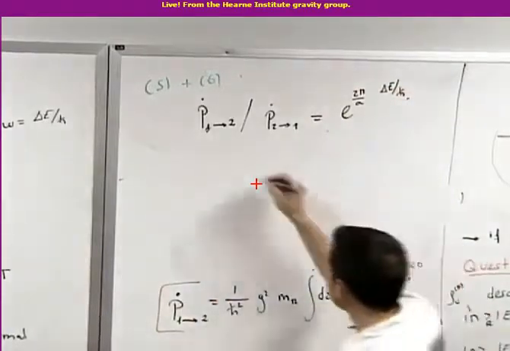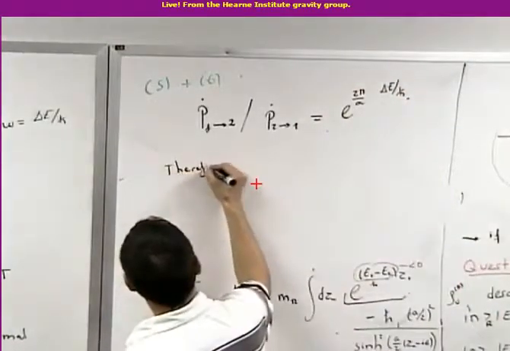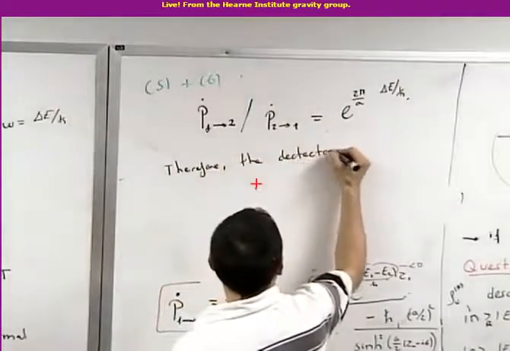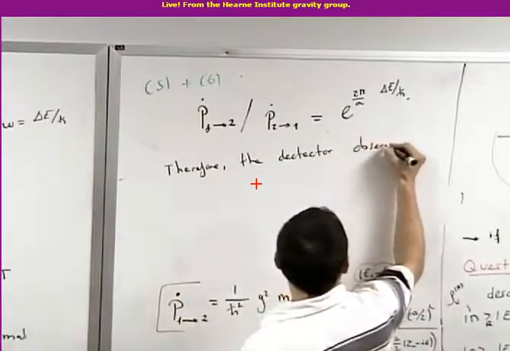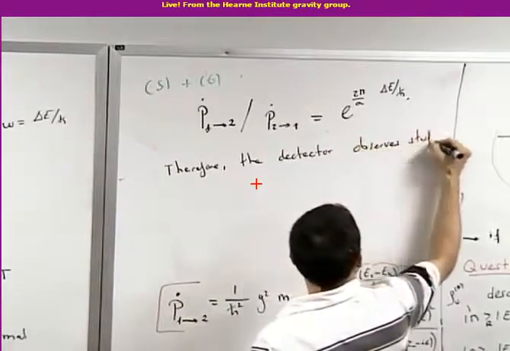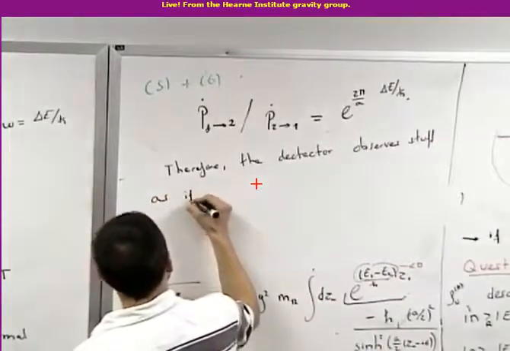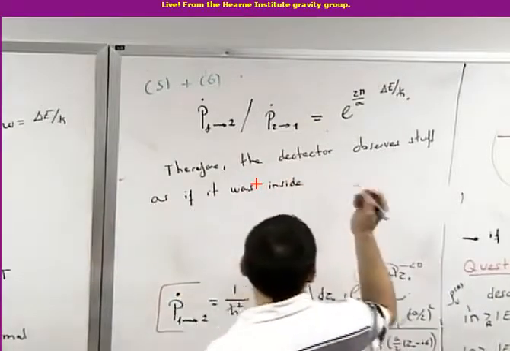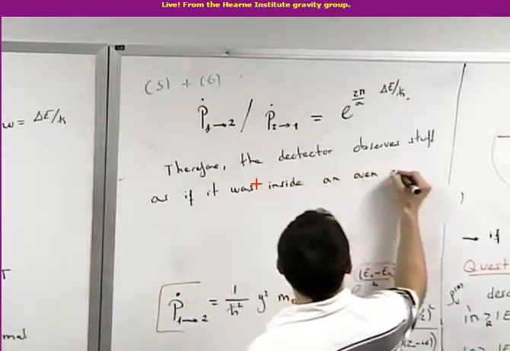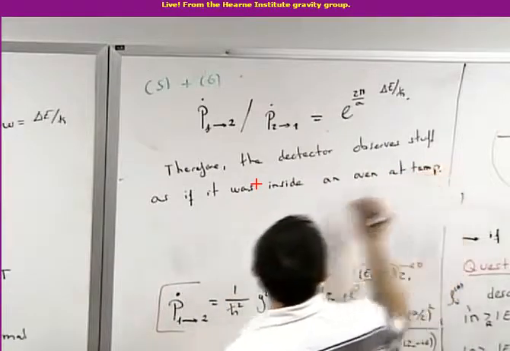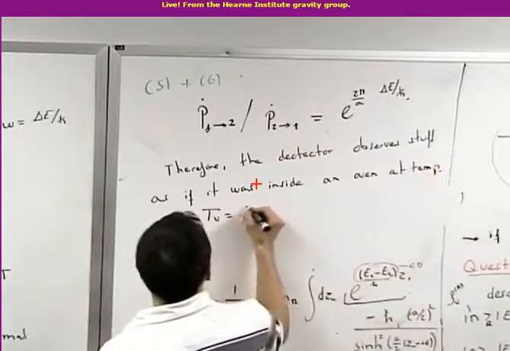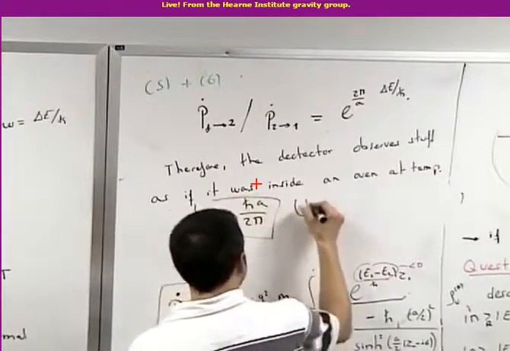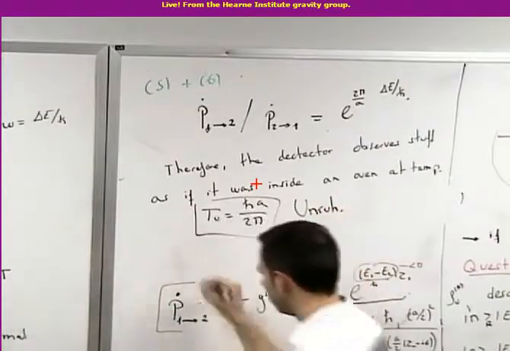So, therefore, the detector observes stuff as if it was inside an oven at temperature, the room temperature. And this is again what we call the celebrated and remarkable Unruh effect.